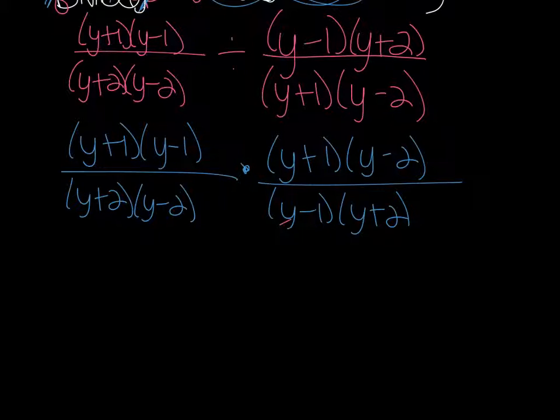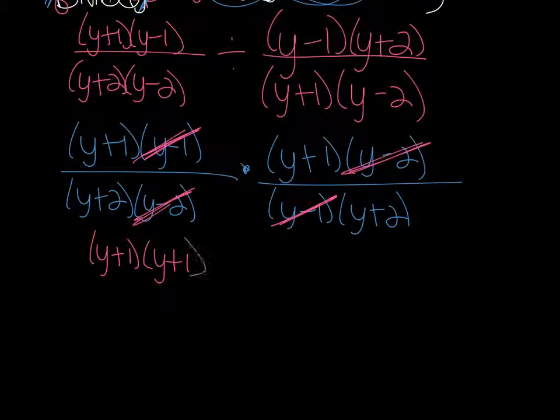We have a y minus 1 that cancels out. What else? A y minus 2. Anything else? Anything else cancel out? Nope, that's it. So I have y plus 1 times y plus 1 over y plus 2 times y plus 2.